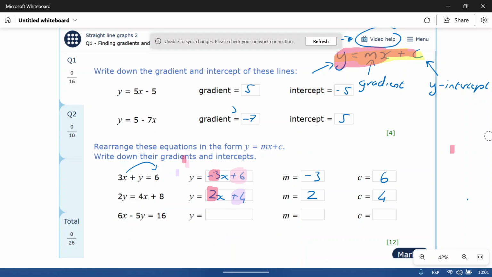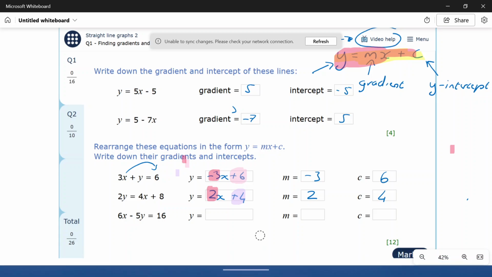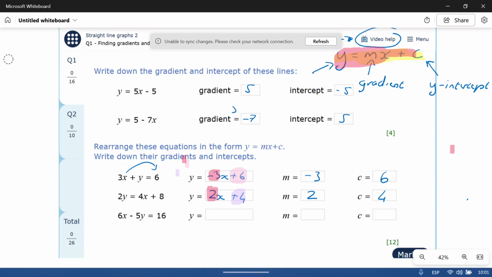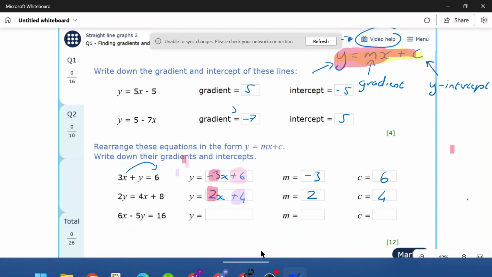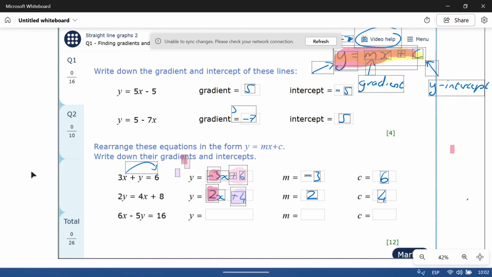Where's my pen gone? Got a problem now. Pen has disappeared. This is not nice.